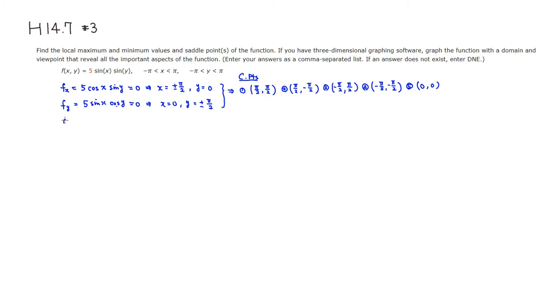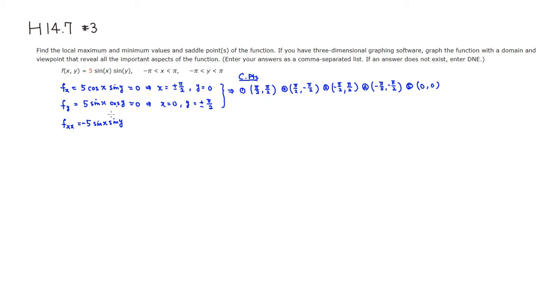So I'm going to find the second partial with respect to x. This would be, it's still 5, and the derivative of cosine is negative sine of x, and then you have sine of y.